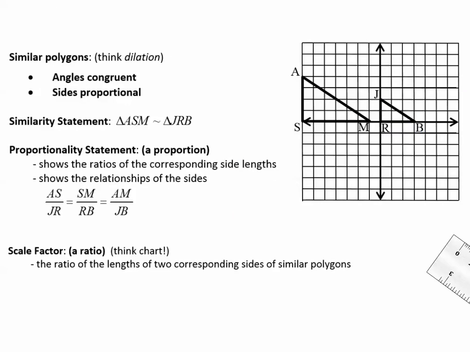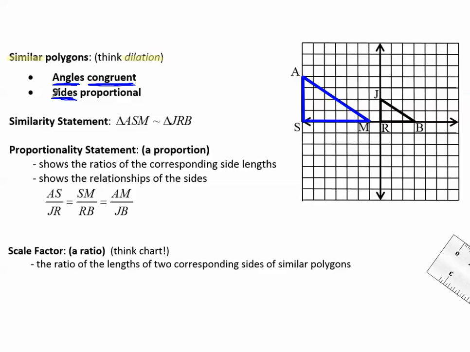This creates similar polygons. Think dilation. When we took one of the triangles and matched up the angles, all of the angles matched. So in similar triangles, the angles must also be congruent, just like congruent triangles.